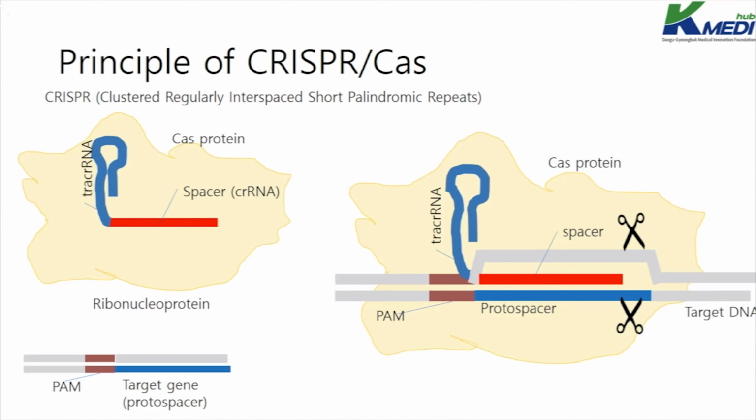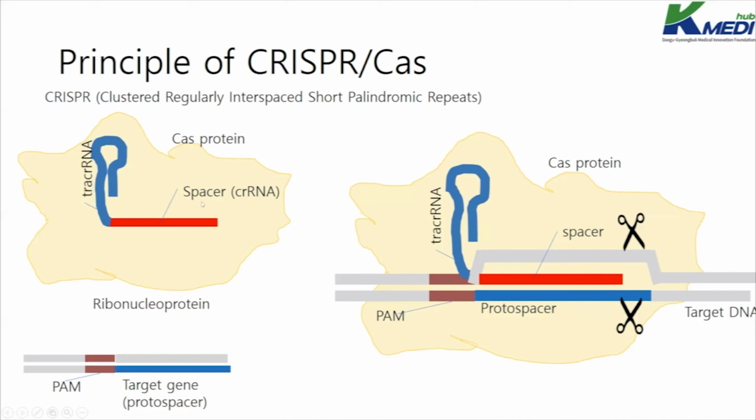So when this ribonucleoprotein identifies a target gene, this target gene can be called the protospacer, and this RNA is called the spacer. Actually, this RNA is divided into two parts.